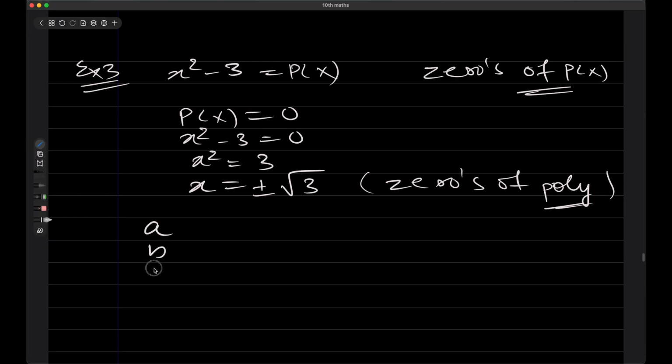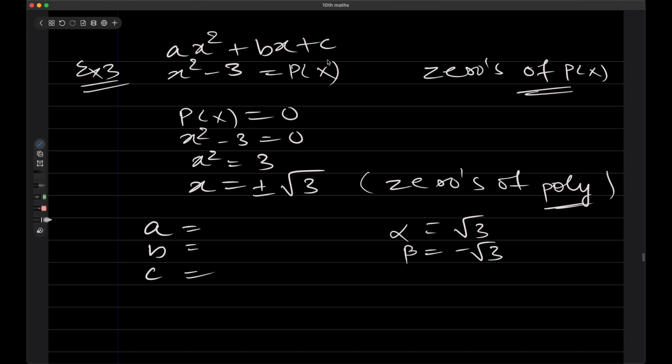So note down a, b and c and alpha and beta. Alpha and beta are the zeros of polynomial, that is root 3 and minus under root 3. A, b, c are the coefficients of the polynomial, that is ax square plus bx plus c.